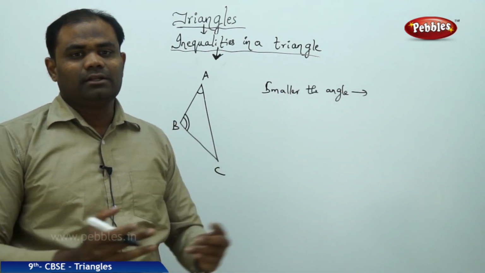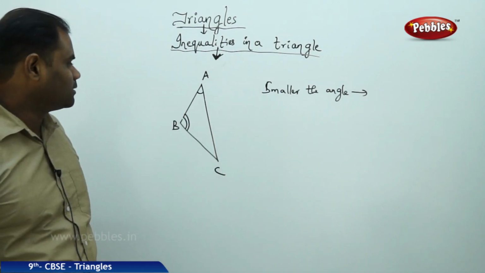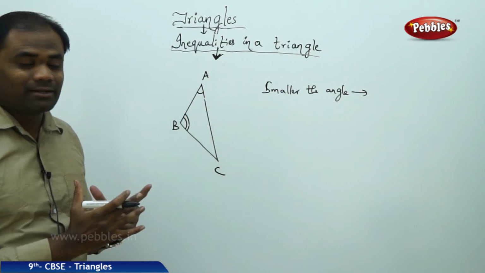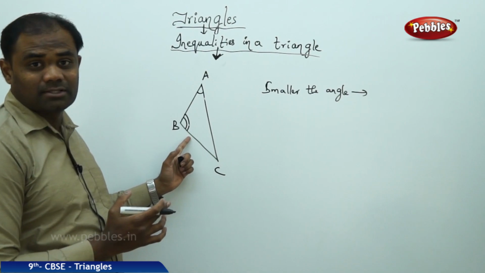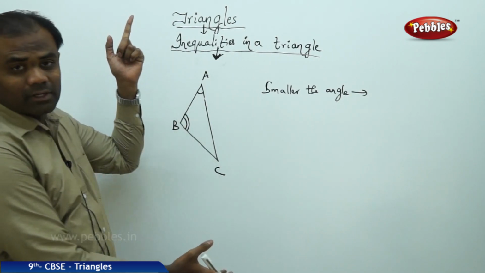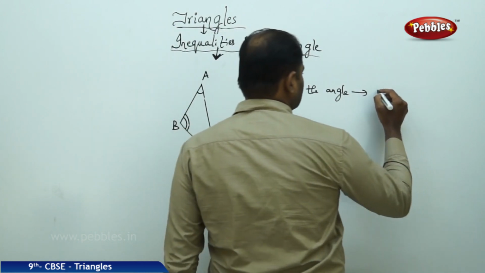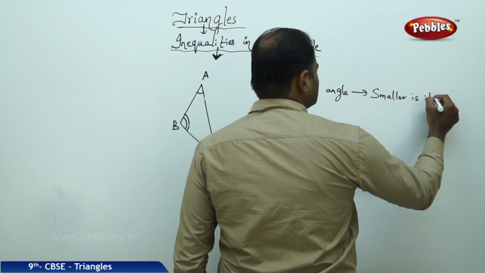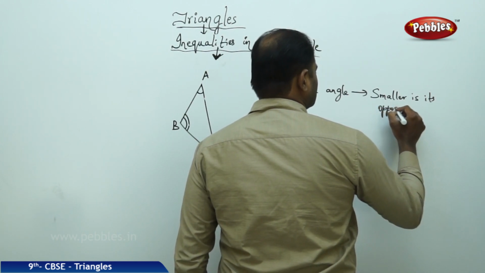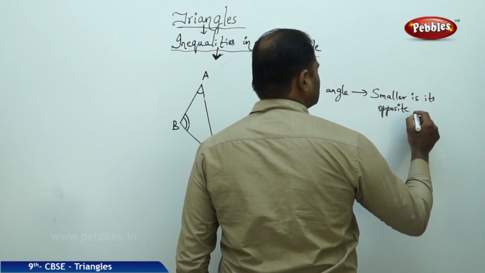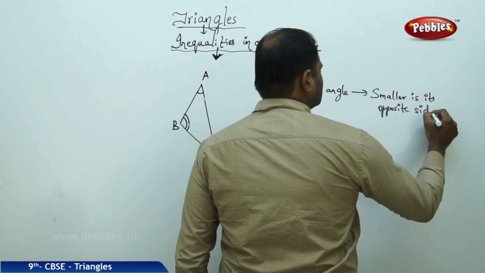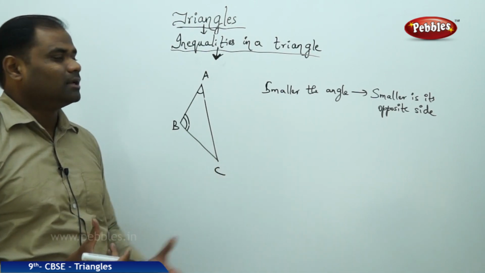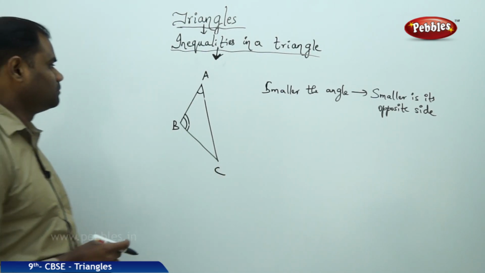Larger the angle, larger is the length of its side. Therefore, this being a smaller angle, BC is the smaller side, and angle B being the biggest or the obtuse, AC is very long. Smaller the angle, smaller is its opposite side. And similarly, larger the angle, larger is its opposite side.